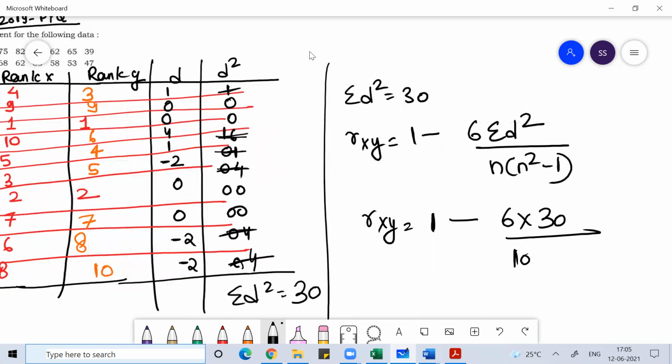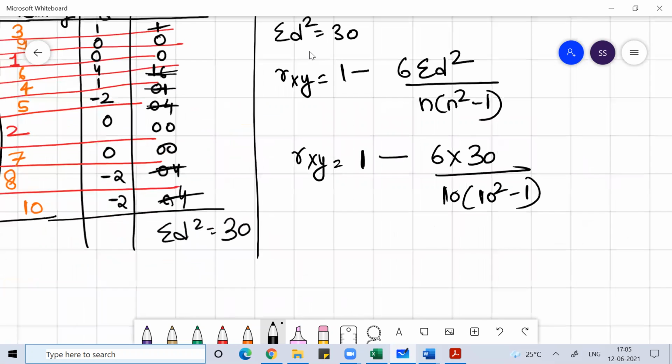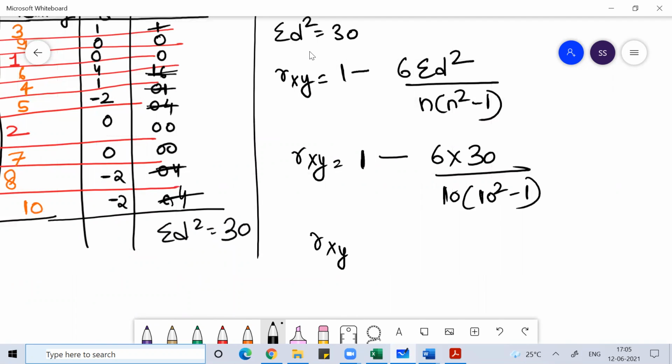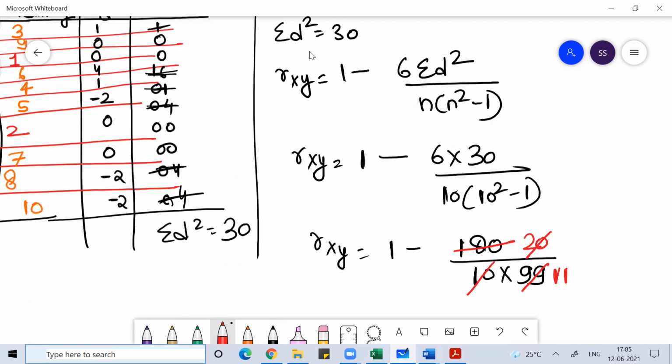So 1 minus 6 times 30, which is 180, divided by 10 into 99. 9 twos are 18, so this will be 11. This is 9 by 11, which means 0.81818. This will be the answer.